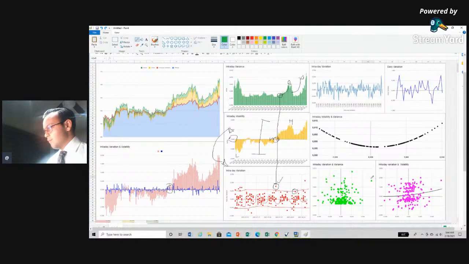Okay, so why do we focus on these extreme values? Because those are representing the extremes of the variations, which is this one on the lower side over here. These are the variations that get out of the boundaries.